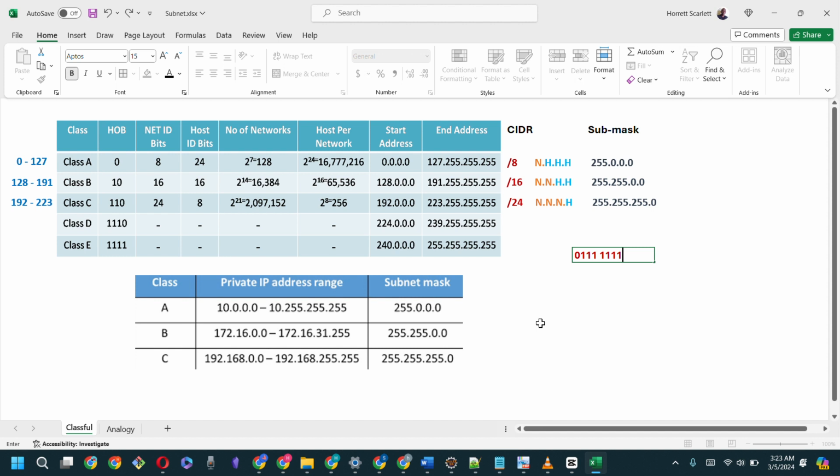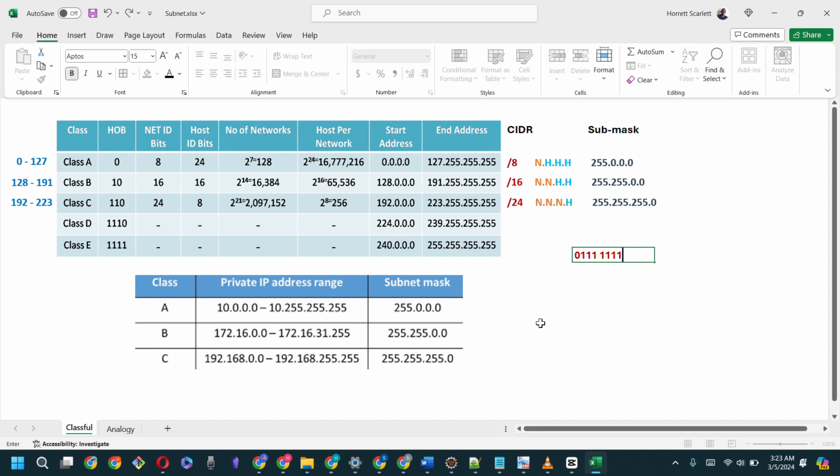So the private range, the ones that we can put on devices within our networks without having an issue, are going to be, for class A, within the 10 range.